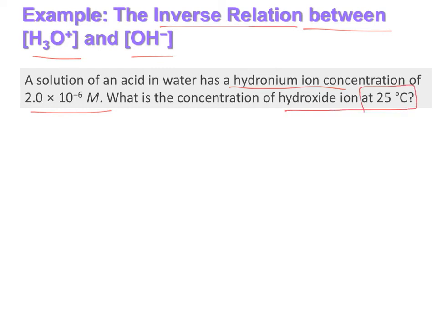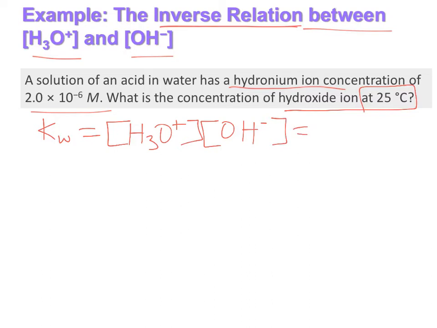So first, we need to think about what this is asking about. This is asking about the inverse relationship, which has to do with our Kw, the ion product of water. Kw is equal to the concentration of hydronium times the concentration of hydroxide. And we know that overall, this always equals 1.0 times 10 to the negative 14th.